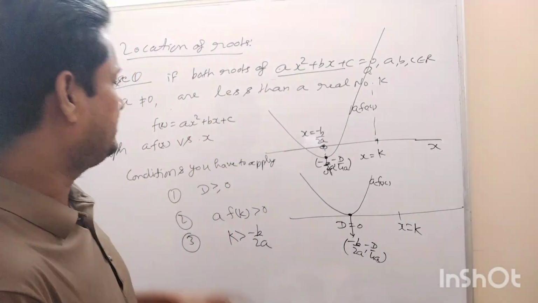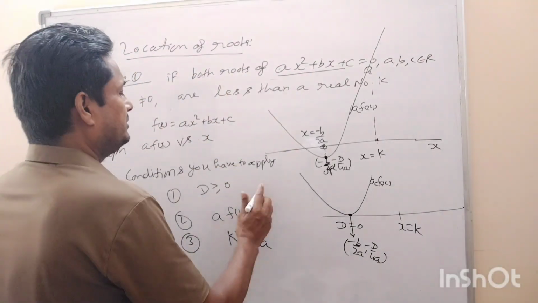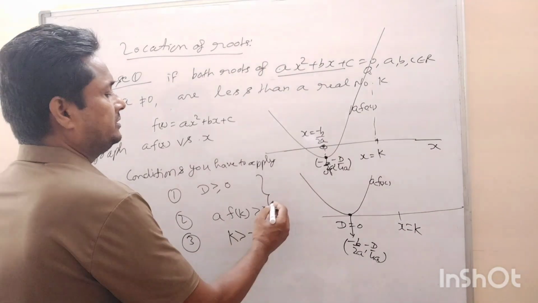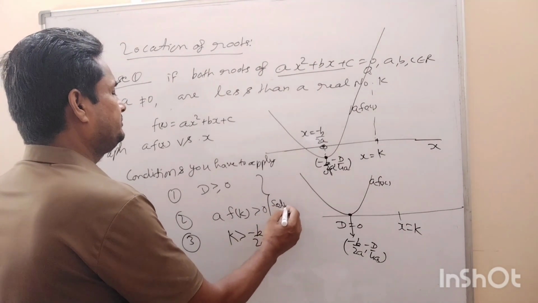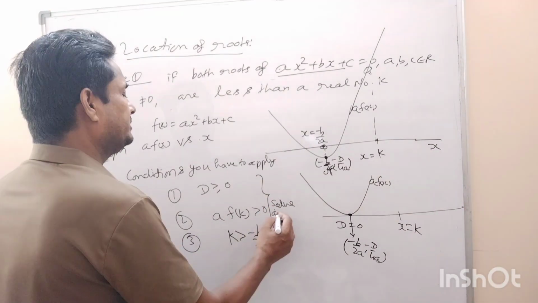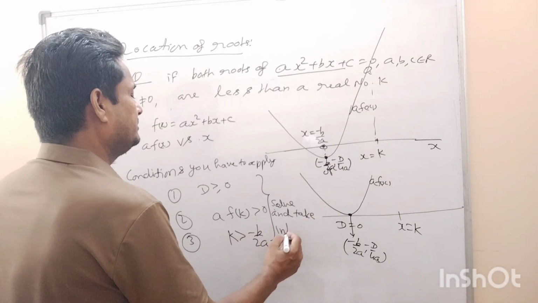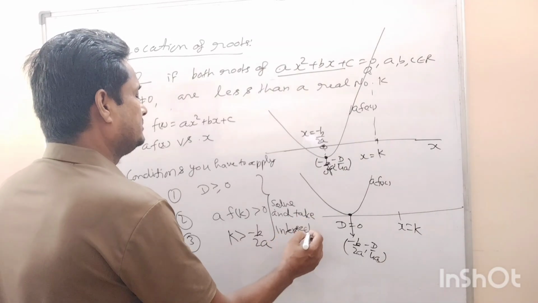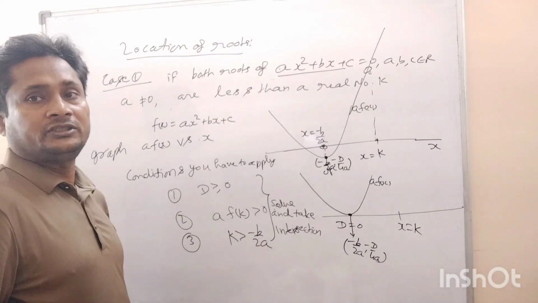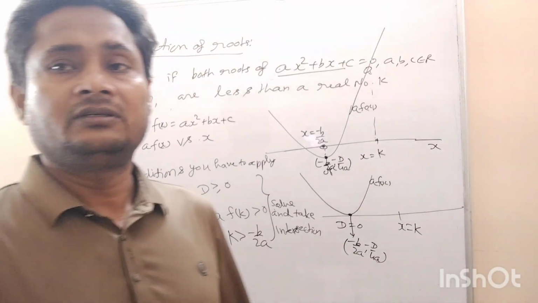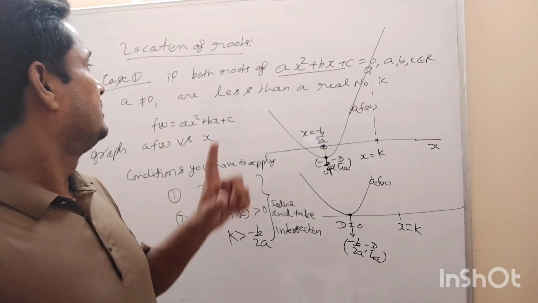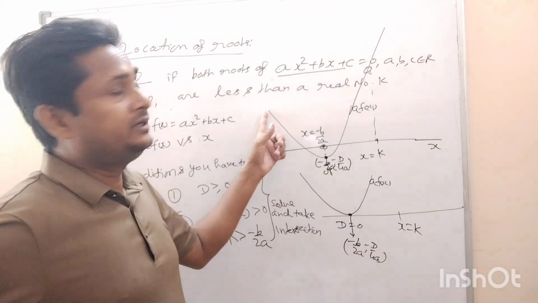So these are the three conditions you have to apply. Three conditions: solve and take the intersection of all these three cases. For the first case, what is it saying?